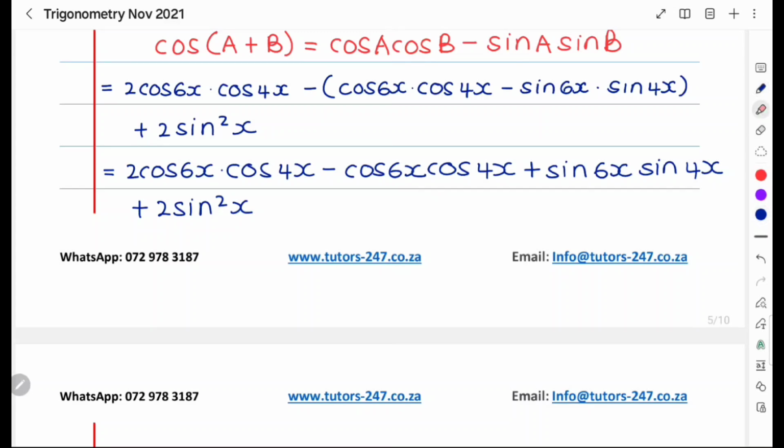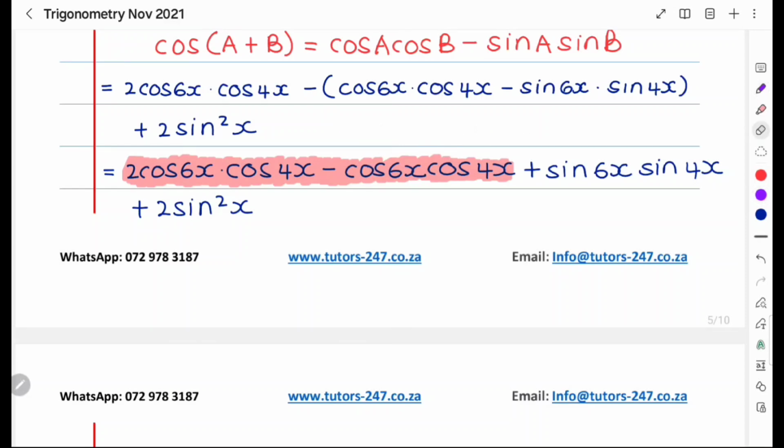From here, you should notice that 2 cos 6x cos 4x minus cos 6x cos 4x. Another way of looking at that is 2xy minus xy. So we have 2 of the same variable minus 1 of the same variable. Those are like terms.